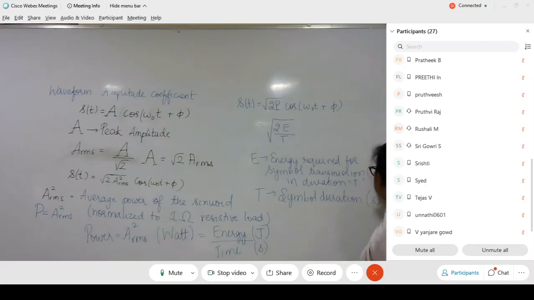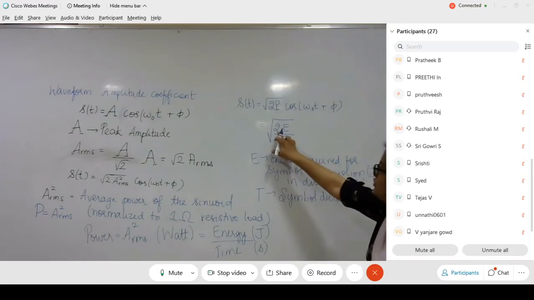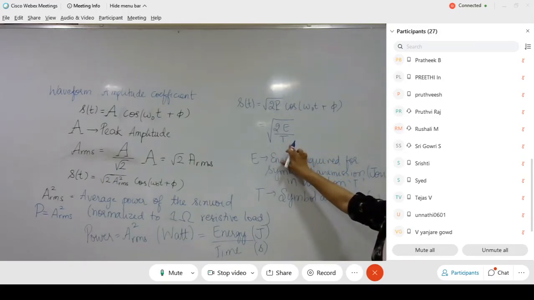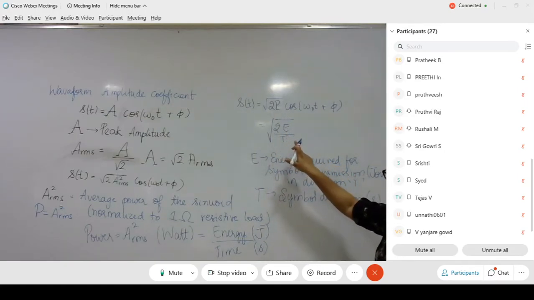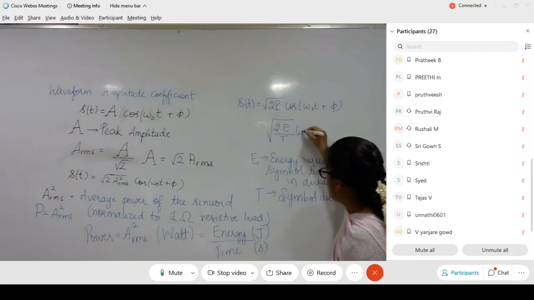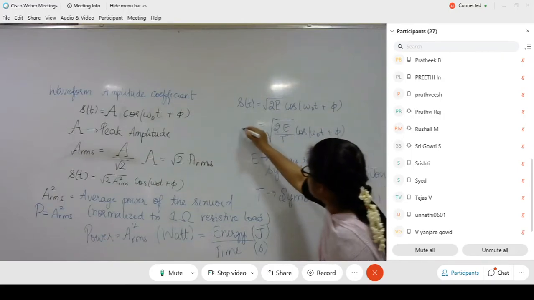Therefore, with 2E by T, I can conveniently write the power in watts as the energy taken by each symbol for its transmission within one symbol period or symbol duration, that is capital T, and cos omega naught t plus phi remains intact.